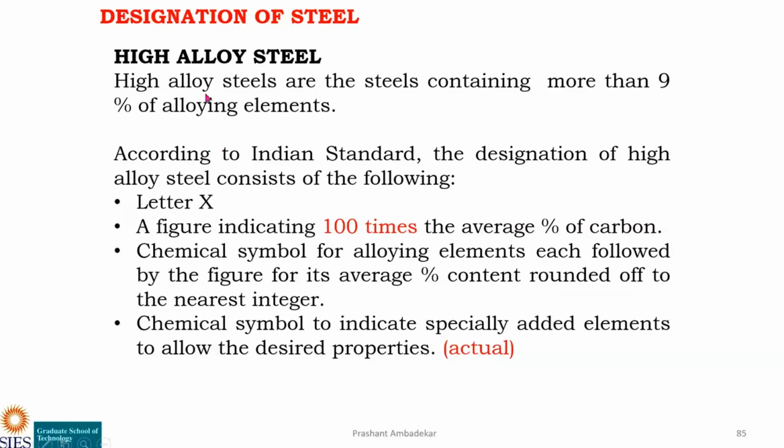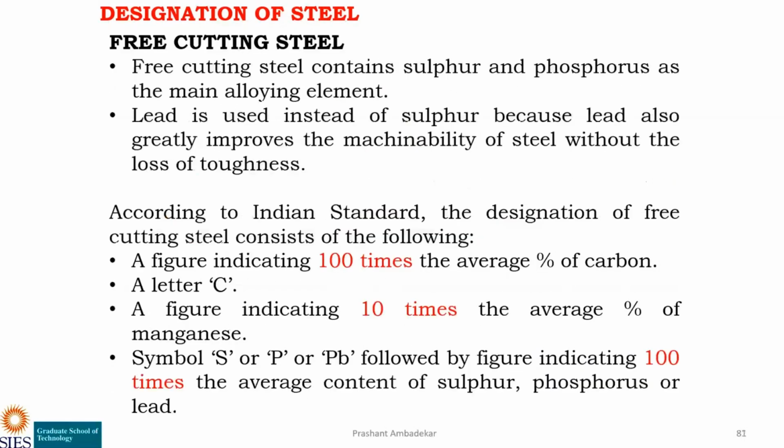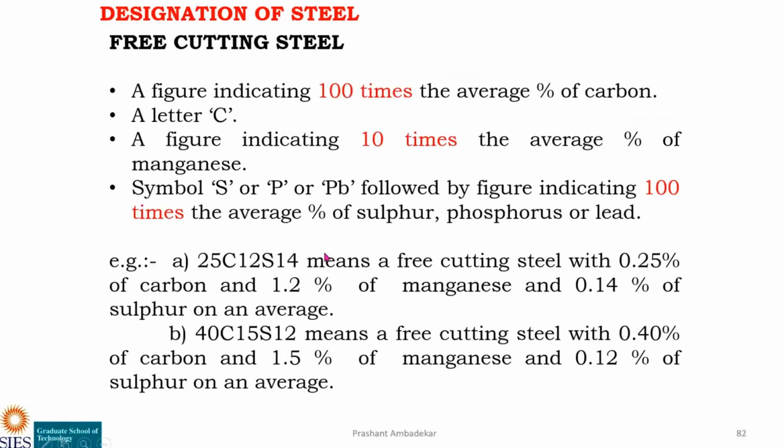Now you can see high alloy steels are steels which contain more than 9% of the alloying element. Now what is alloy steel? Alloy steel is the steel which contains alloying elements. Phosphorus, lead, and sulfur are also alloying elements. You can see the content of phosphorus, sulfur or lead which we are talking about here, from the example, is less.